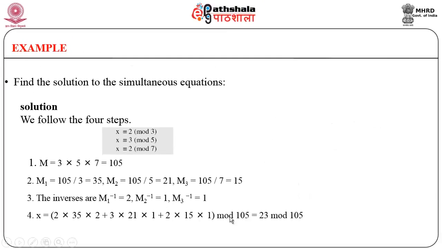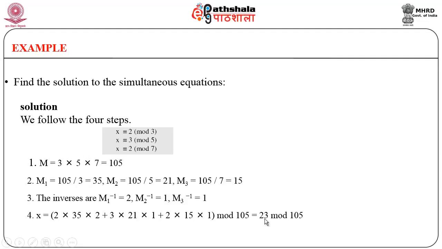Once I do the multiplication of these values, it is equal to 233 mod 105, where 105 is the common modulus which you obtain in the first step of your theorem. So, after multiplying these values, we get a value which needs to be divided by 105 to get the remainder, which is nothing but 23.